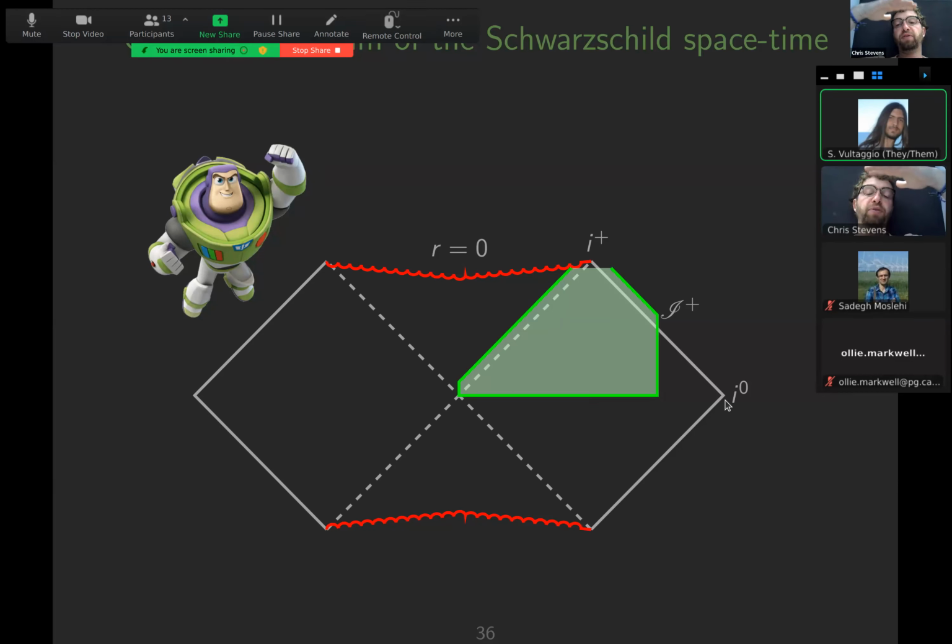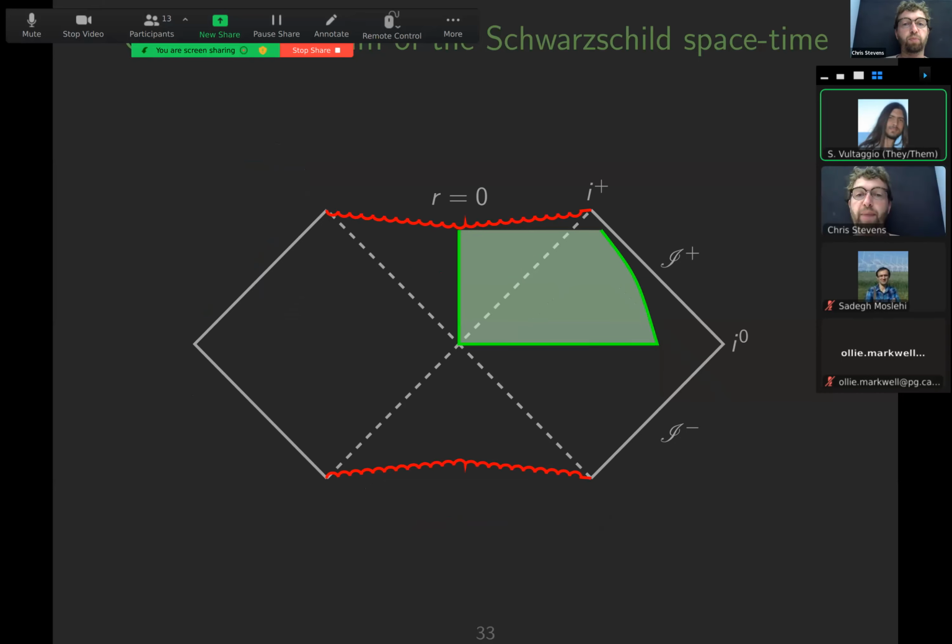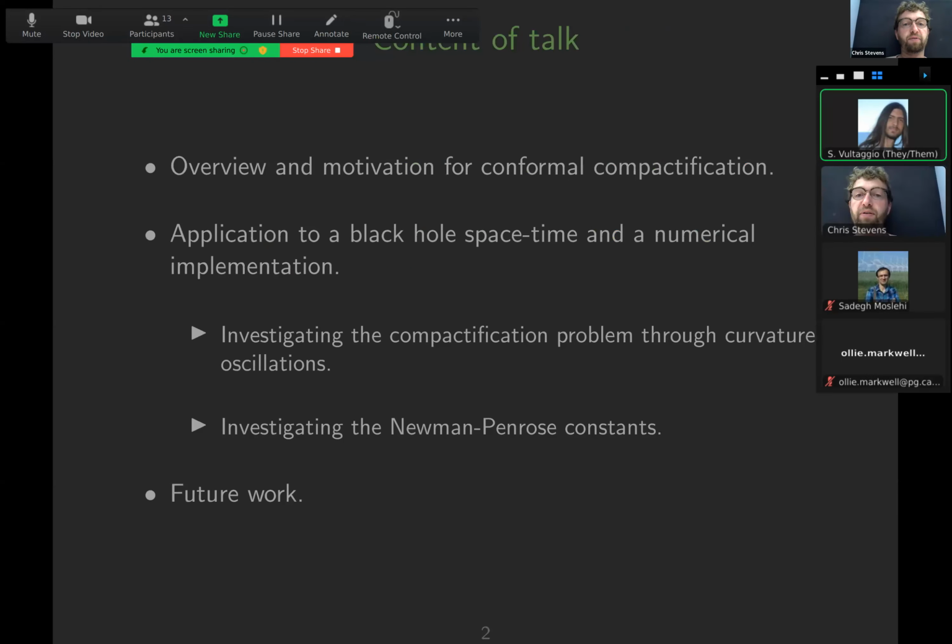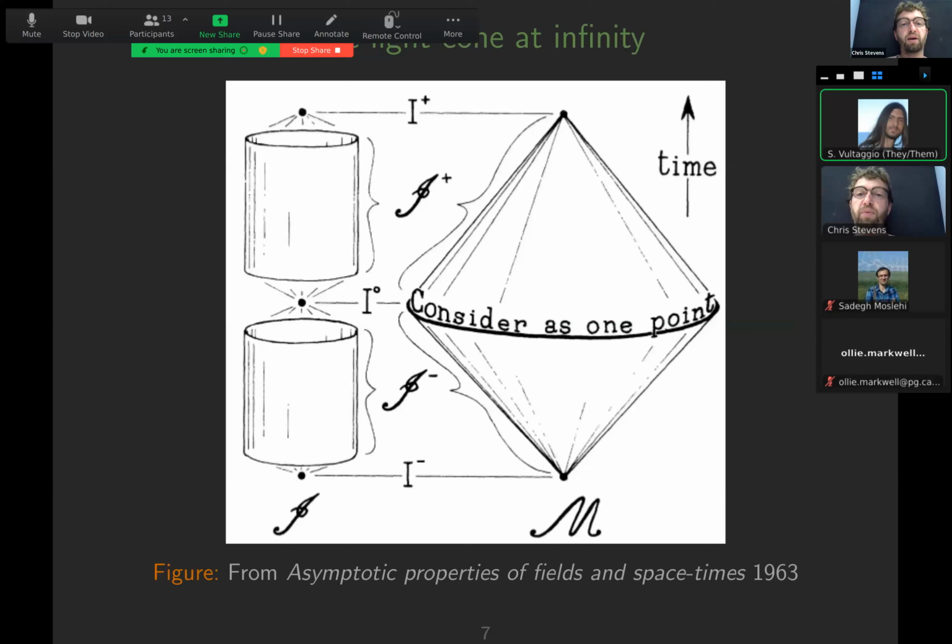If you imagine this point being a cylinder, and that cylinder connects to scri plus here and scri minus here, that is a way of looking at regularity of solutions globally.